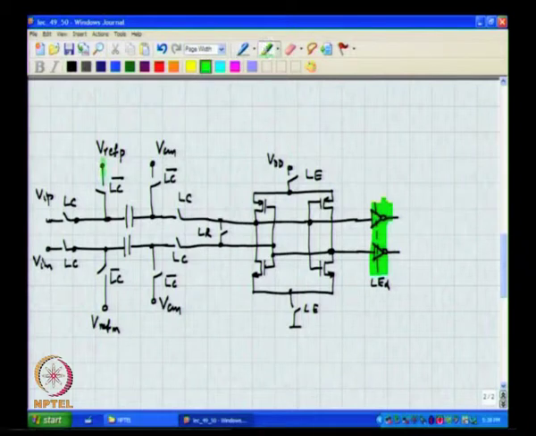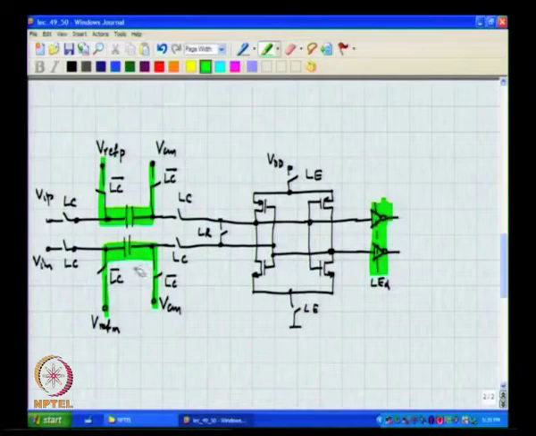When LC bar is high, these capacitors are charged to, the capacitor on top is charged to Vref P minus VCM and the lower capacitor is charged to Vref M minus VCM.